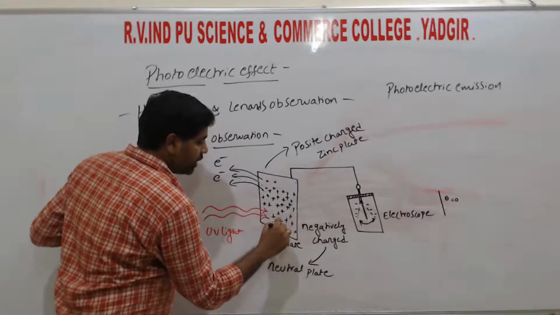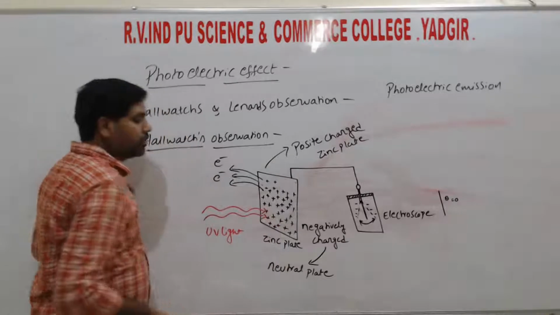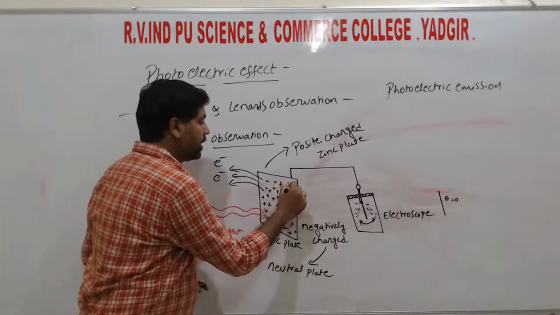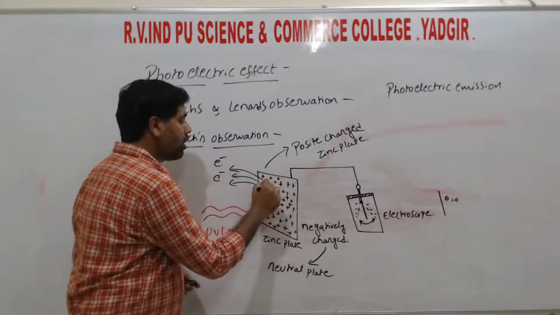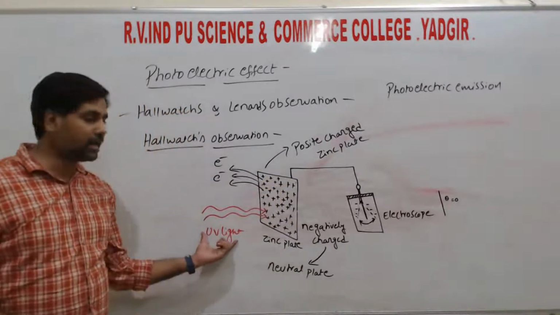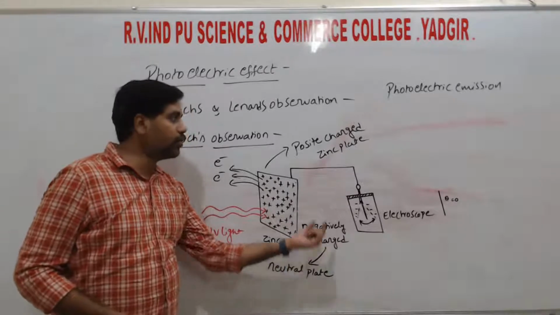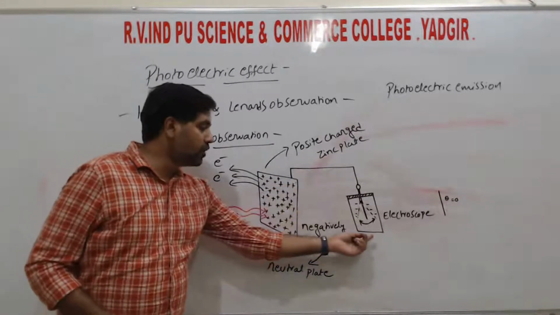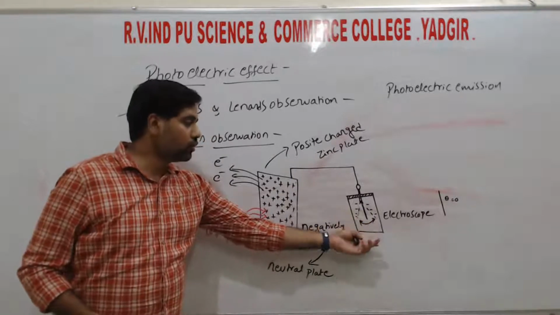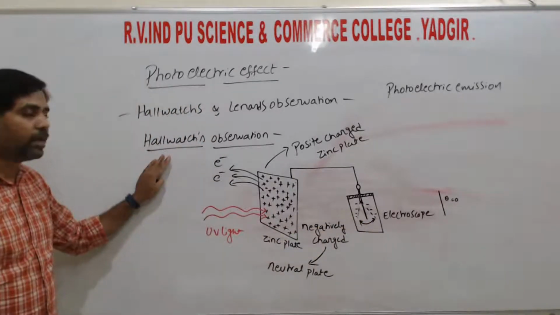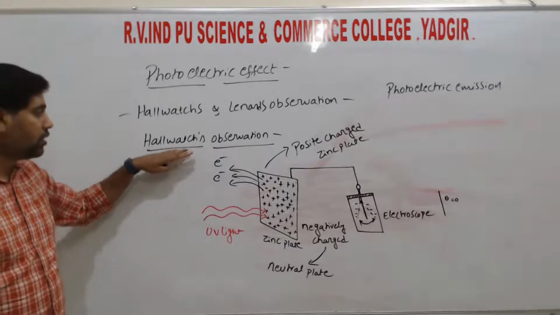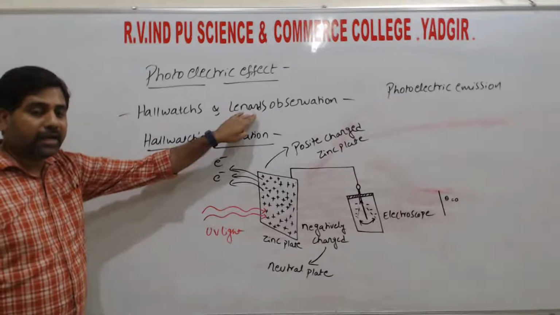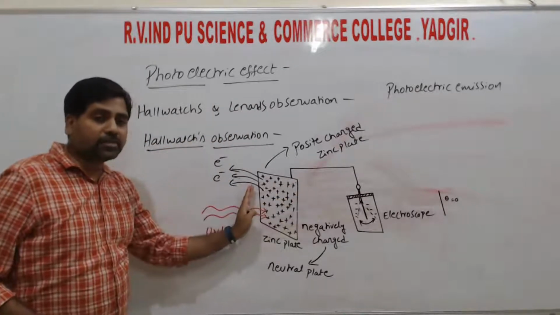Initially we took this plate as negatively charged. After the incidence of the ultraviolet light, this negatively charged zinc plate becomes a positively charged zinc plate. This can be observed through the electroscope. This is the observation by Hallwachs. The observation of Hallwachs is similar to that made by Lenard, but here the experimental setup is different.